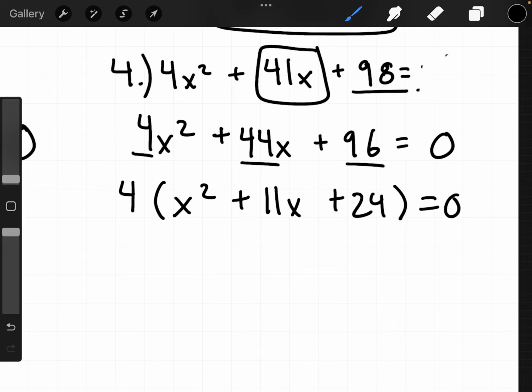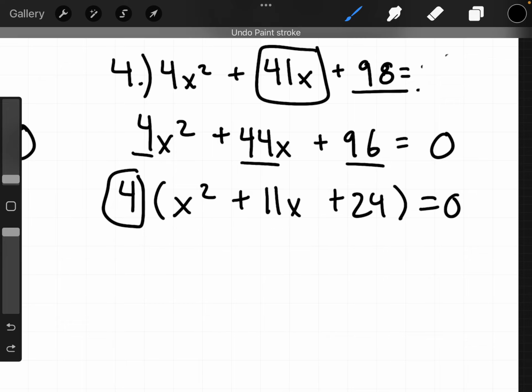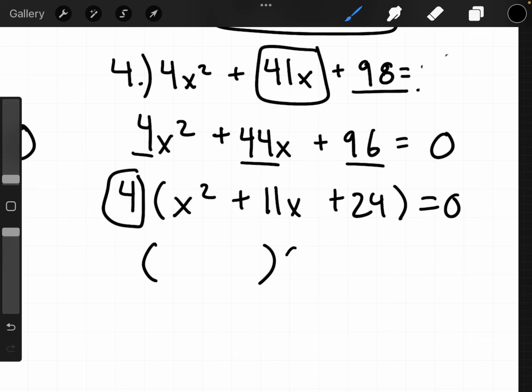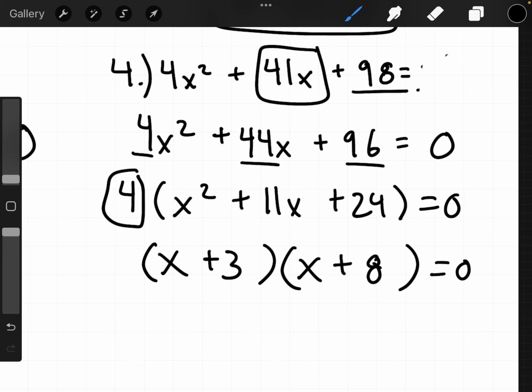Now for this term here, 4 can't equal 0, so we don't include it. Now we can factor this as normal with two sets of parentheses, x on one side, and when we factor we get x plus 3 and x plus 8 equals 0.